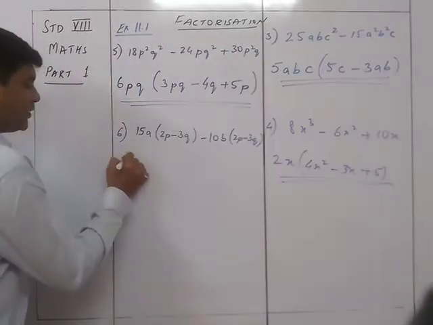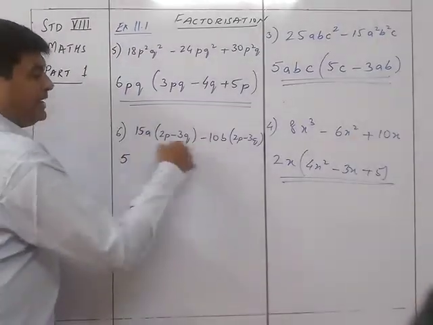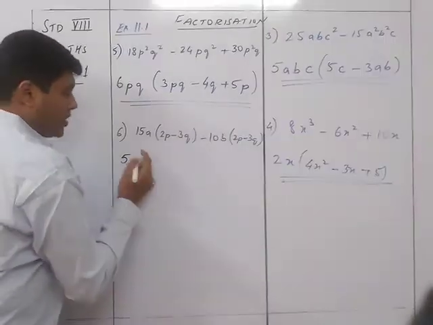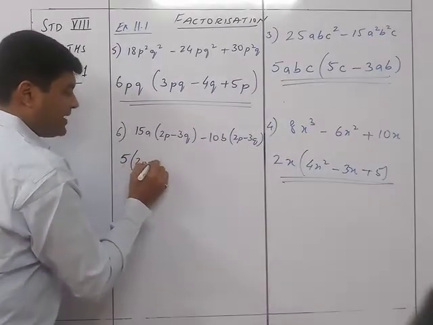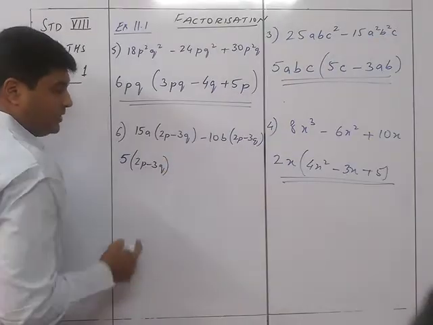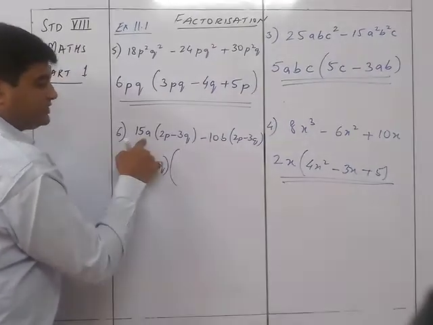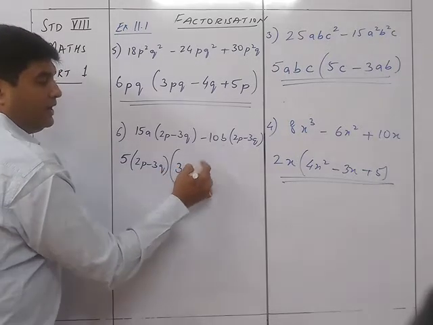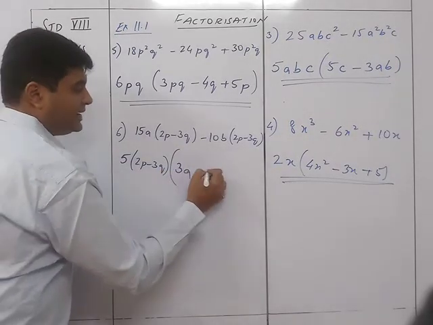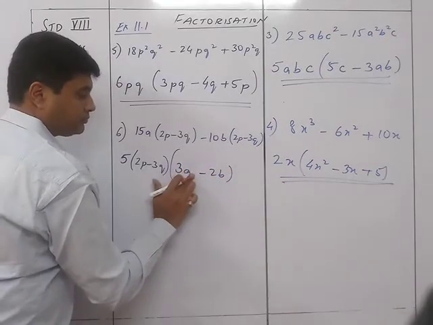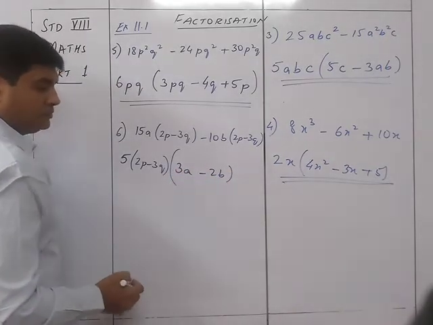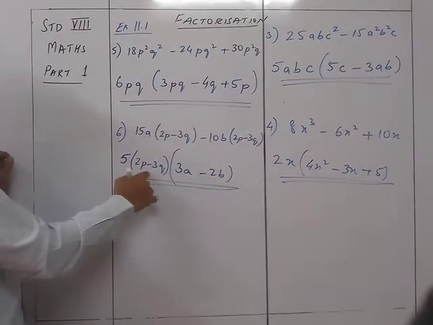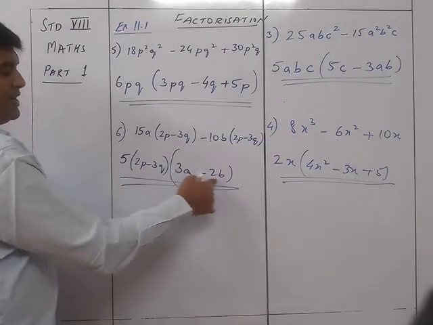Between a and b, nothing is common, so they will all remain. But this complete bracket 2p minus 3q is common. So now what is remaining inside is 3a, and what is remaining over here is minus 2b. So this is the answer: 5 into bracket 2p minus 3q into bracket 3a minus 2b.